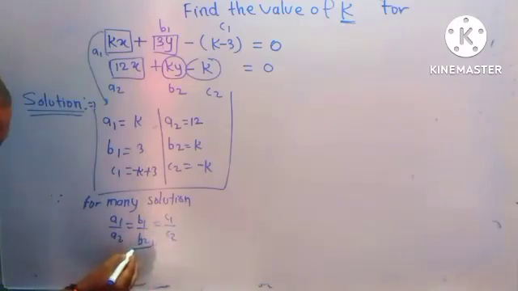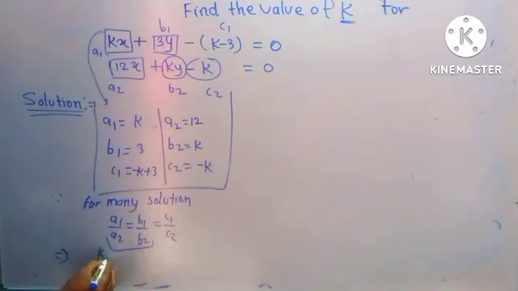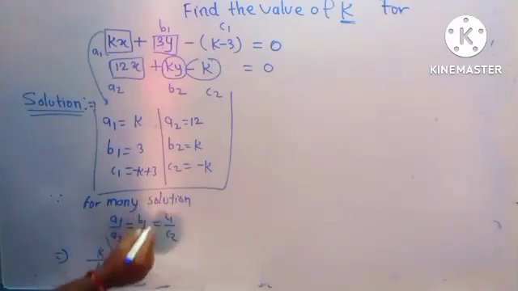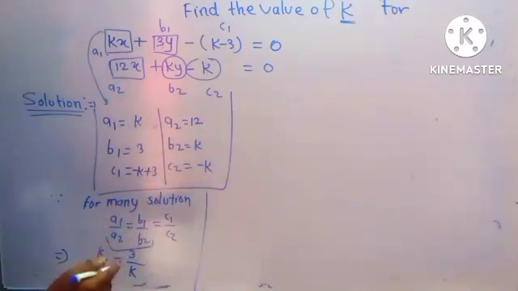First we will solve with the first and second ratios. Substitute the values: k divided by 12 is equal to 3 divided by k.